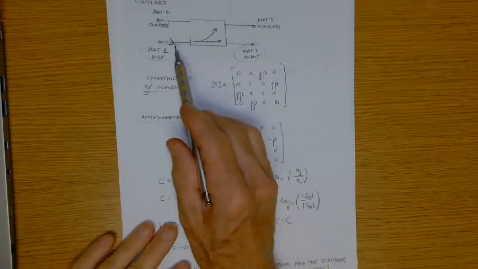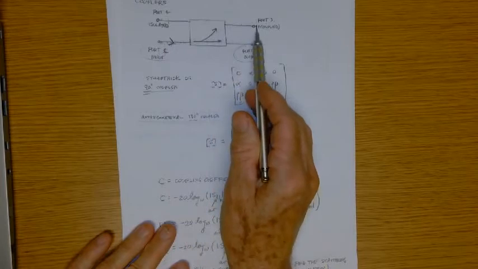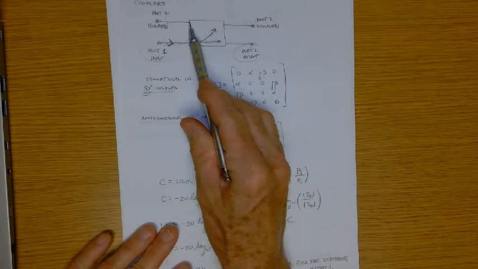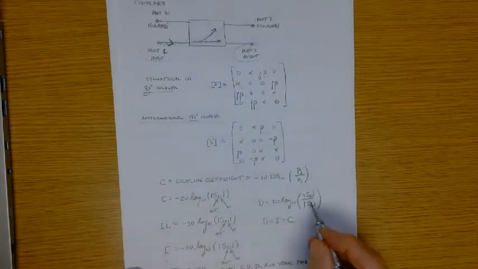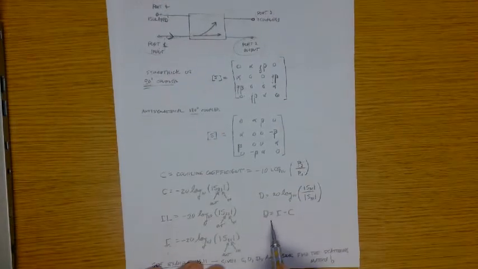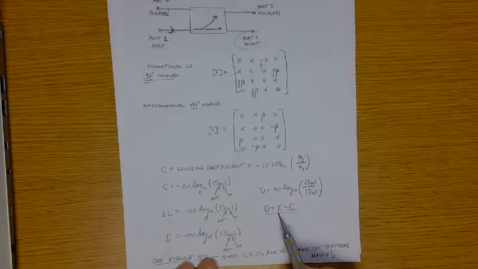This was designed to couple some amount into port 3. Unfortunately, a little bit of it leaked over into 4, and you have to take that into account, and that is measured by what we call the directivity.